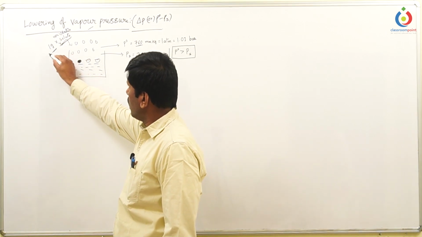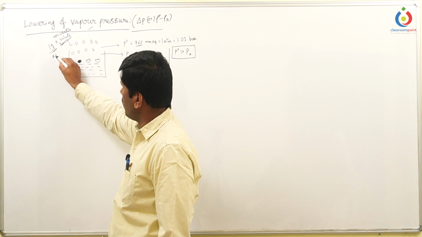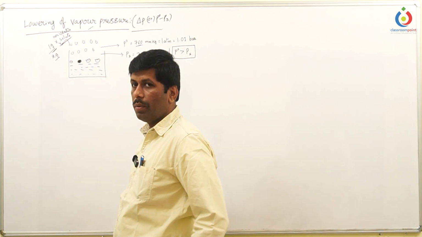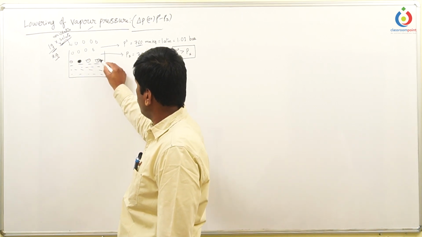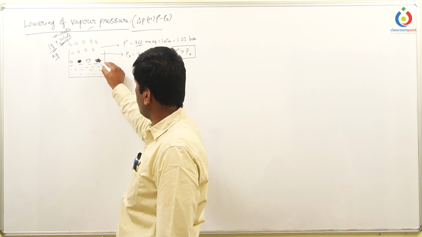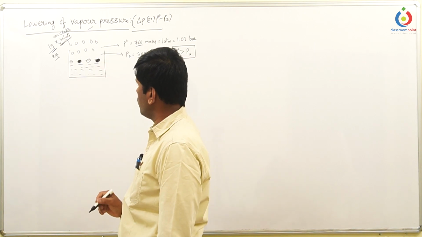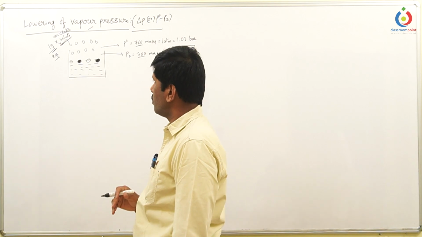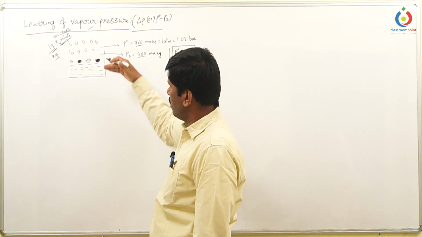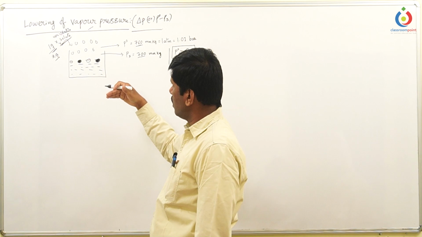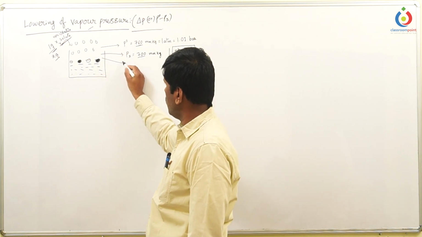Instead of this 1 gram of non-volatile solute, what happens if you add 2 grams of non-volatile solute? Now some more solvent molecules from the surface area are replaced by the solute molecules. Hence, vaporization drops again and vapor pressure decreases further.